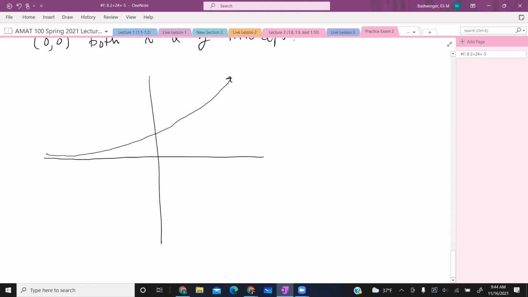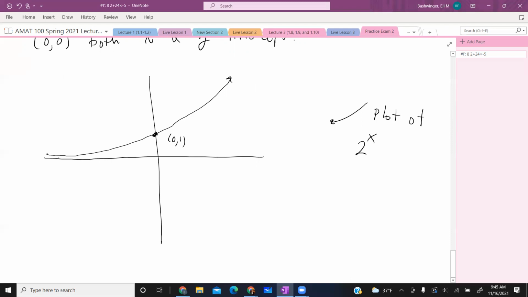It opens up like this, and this is a plot of 2 to the x, and it passes through 0, 1.